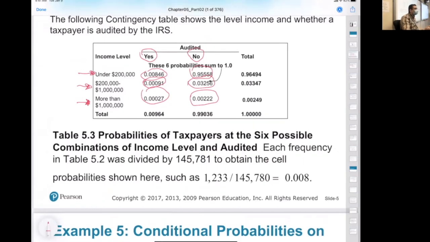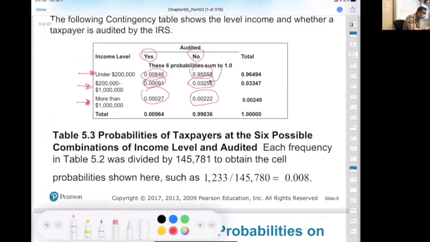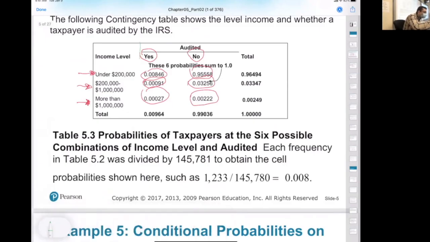So where is A and B here? A is audited. So we will look at this column. Yes, it's audited. The taxpayer is audited. And what? The level of income greater than 1 million, right? Which one? This level. More than 1 million.